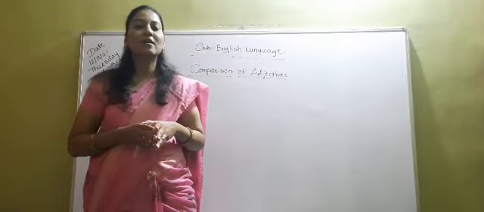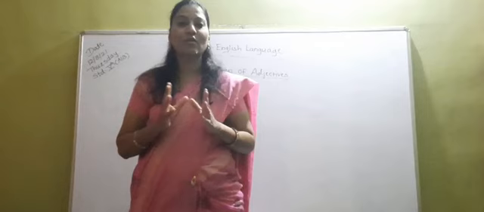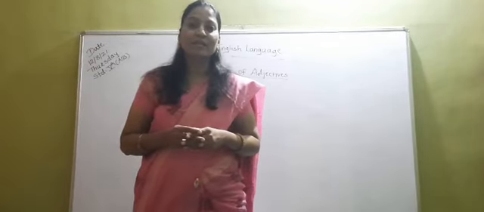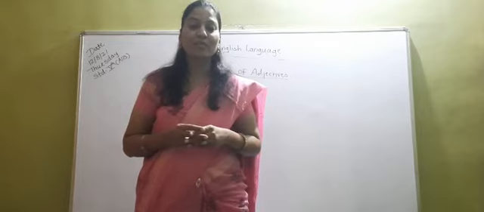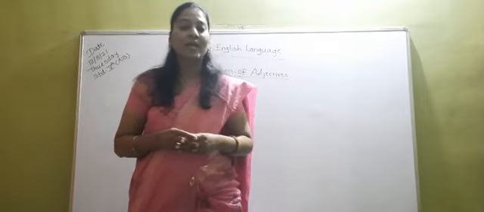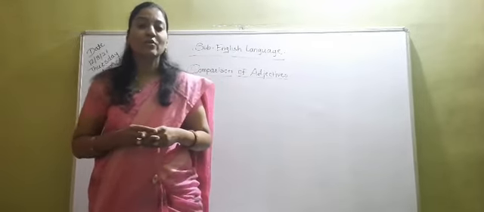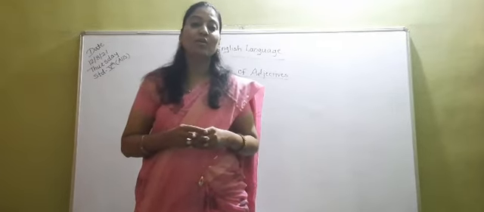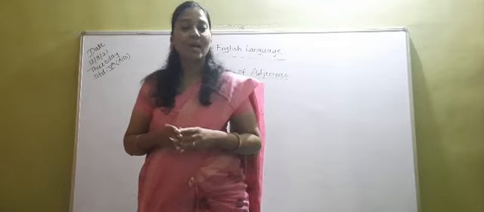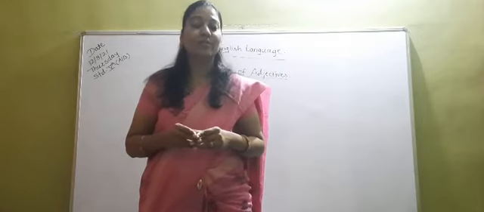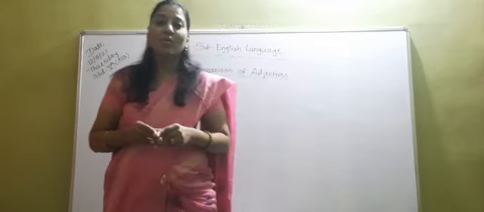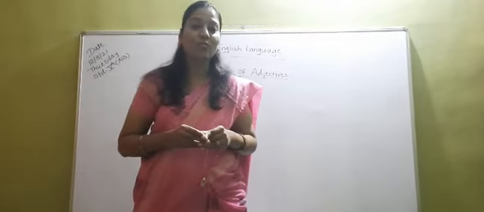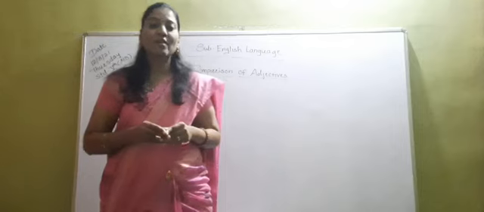When we are making a comparison between two things or two people, we are using the comparative degree. And when we are doing a comparison between more than two people or things, we are using the superlative degree.